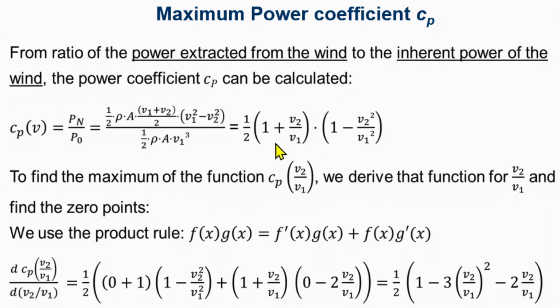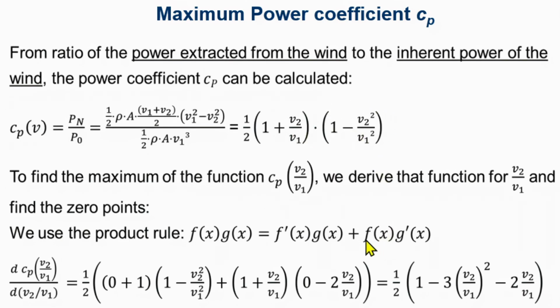Then you end up at this formula, and we want to find the maximum of that efficiency function or power coefficient function as a function of not only one velocity, but the relation of V2 to V1. So how we do that, to get a maximum or minimum, we differentiate that function with respect to V2 divided by V1, and we will find 2 zero points. So we use the product rule. So we differentiate the first part of the equation here multiplied by the original second part.